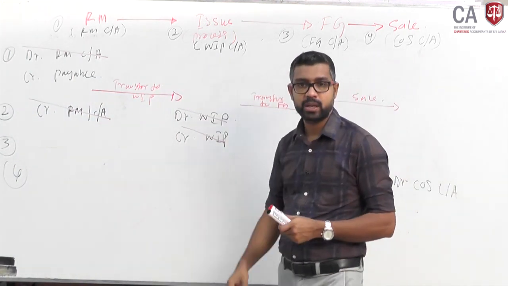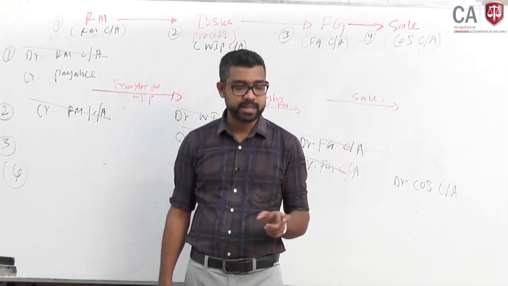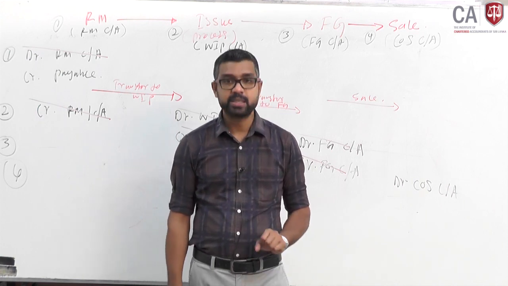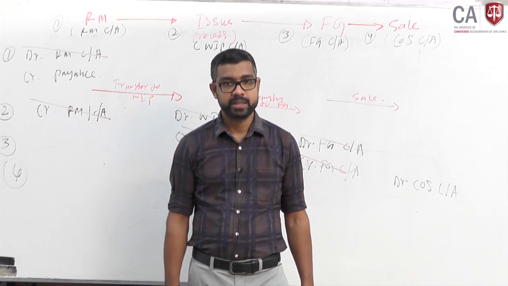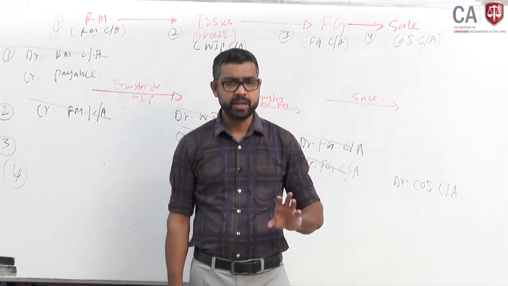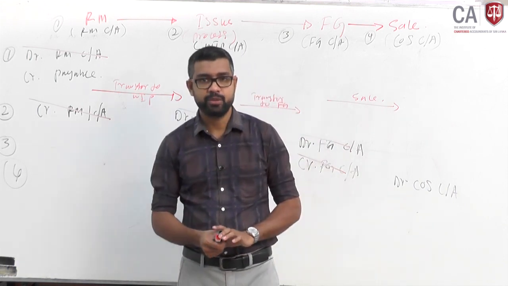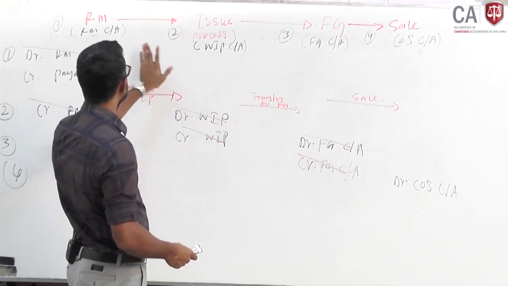Wages control account and under-over absorption. There's a comprehensive question to be discussed on under-over absorption that we will discuss under the MCQ discussion. So this is an important chapter, but not a lengthy chapter. Therefore, I want to give you some insight about the relationship between each and every account.